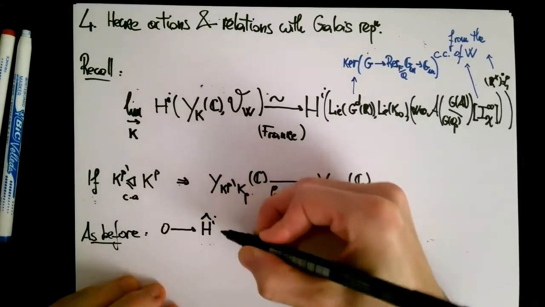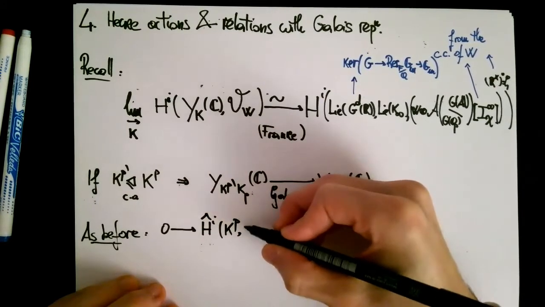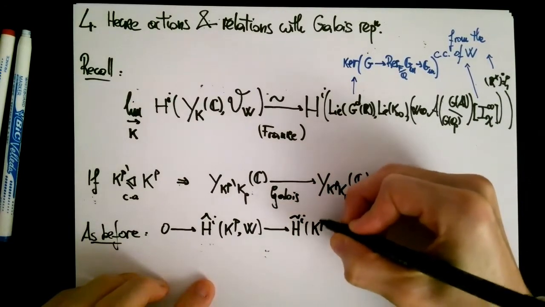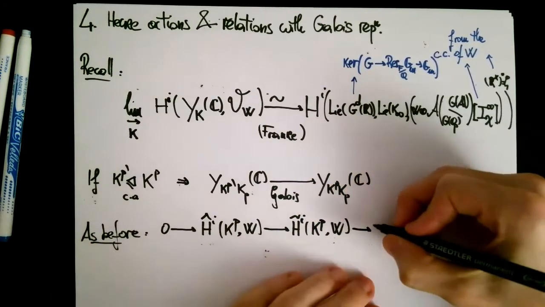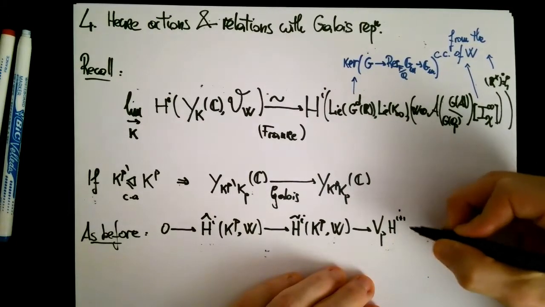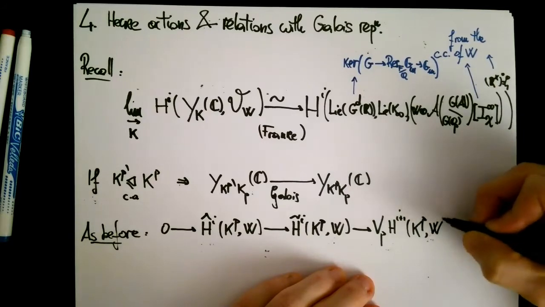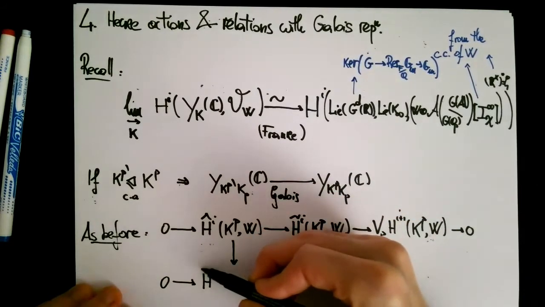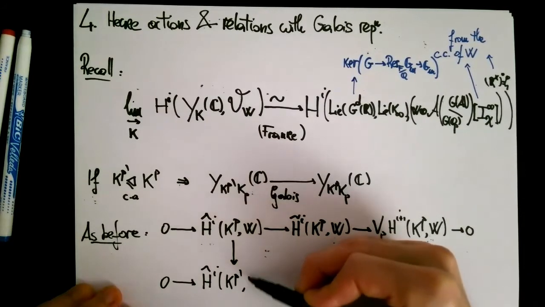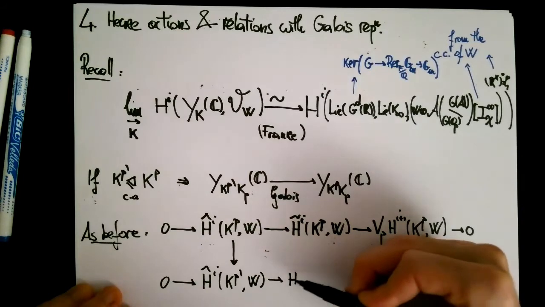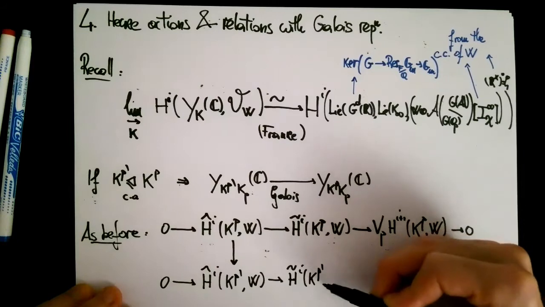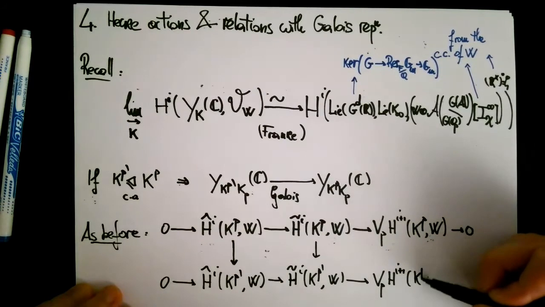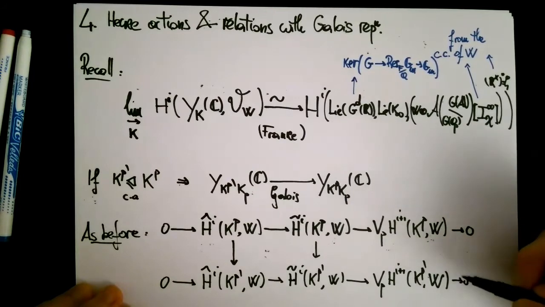So here we have the Hi hat of K^p, W, H tilde i of K^p, W, the Tate module, H^(i+1) of K^p, W. And here we have injective maps into the smaller level situation: K^p prime, W, H tilde i of K^p prime, W. And here I have V_p, H^(i+1) of K^p prime, W, 0.